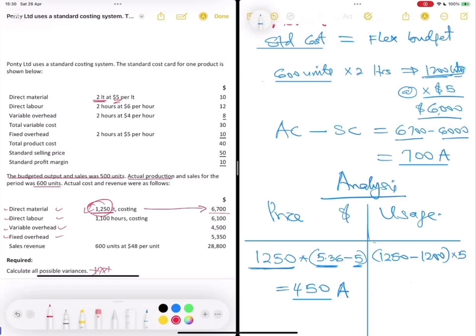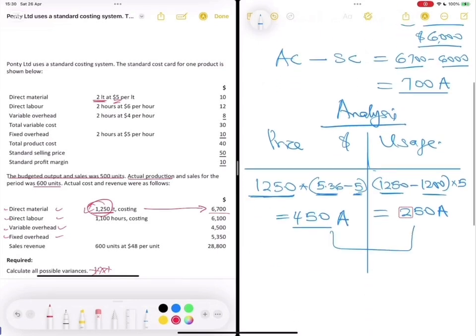So multiply by 5. And what is that? That is 50 times 5, and that's 250. Likewise, again, adverse because we consumed more than we should have consumed. And you will see that if you add these two variances together, what do you have? You're going to have 700 adverse, which reconciles perfectly to your total material variance.